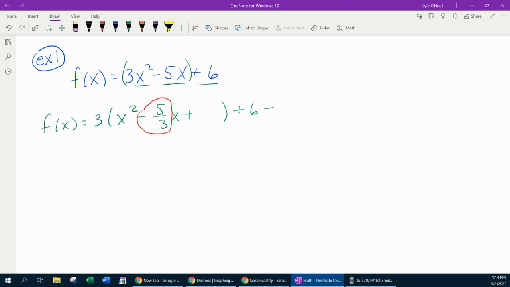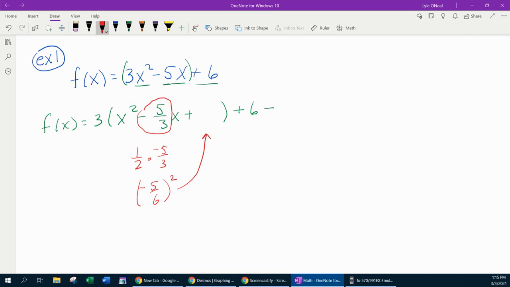But if you break it down from English to math, the word "of" in math means times, so you're actually multiplying by a half. So to take half of negative 5/3 means to multiply negative 5/3 by a half, and that will make negative 5/6. That value needs to be squared in order to complete the square.